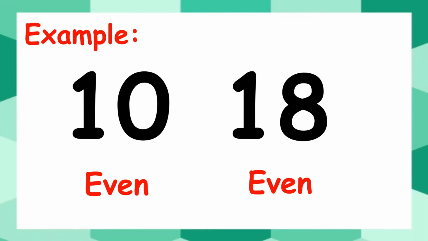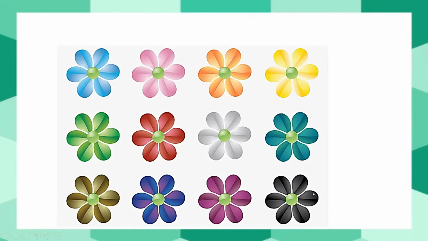Very good. This one is a flower, right? Okay, so there are how many flowers? Let's count. 1, 2, 3, 4, 5, 6, 7, 8, 9, 10, 11, and 12.